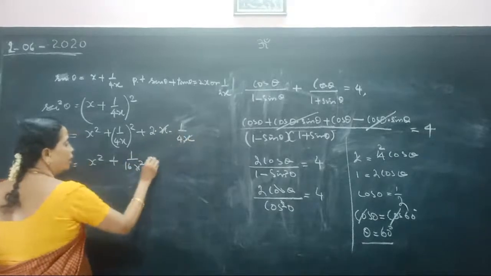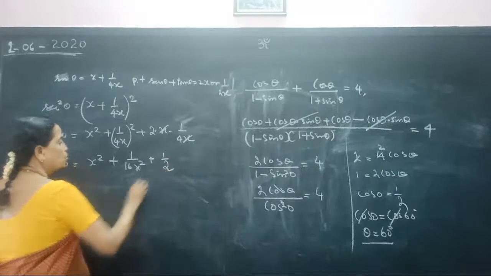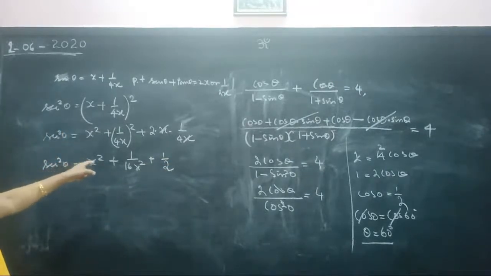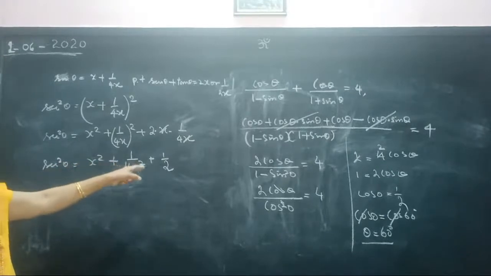Cancelling this, what you will get? 1 upon 2. Is it clear? Secant square theta is x square plus 1 by 16 x square plus 1 by 2.